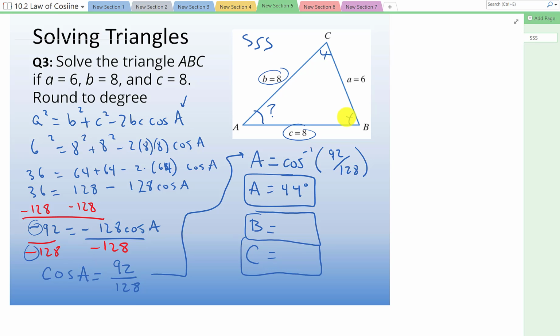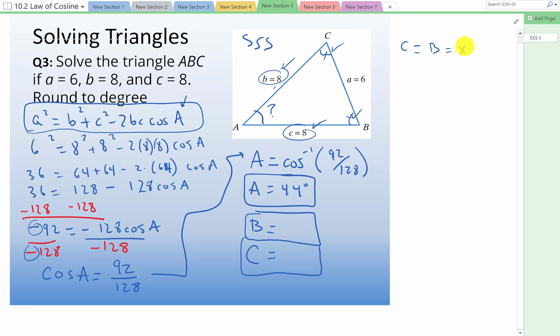Now you may not have noticed that, and that's okay. Then you just use the law of cosine for a different angle, like cosine B, and you'll get it, and then you can find C. But there's a little bit of geometry in here that makes our life easy: C is the same as B. Since the sides are both the same, the angles have to be the same.